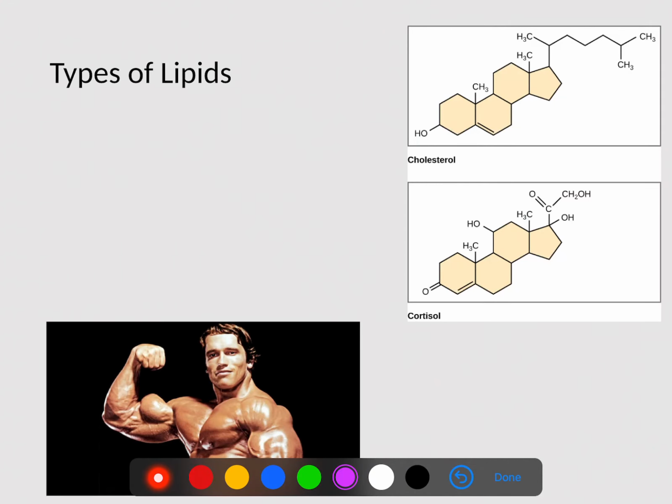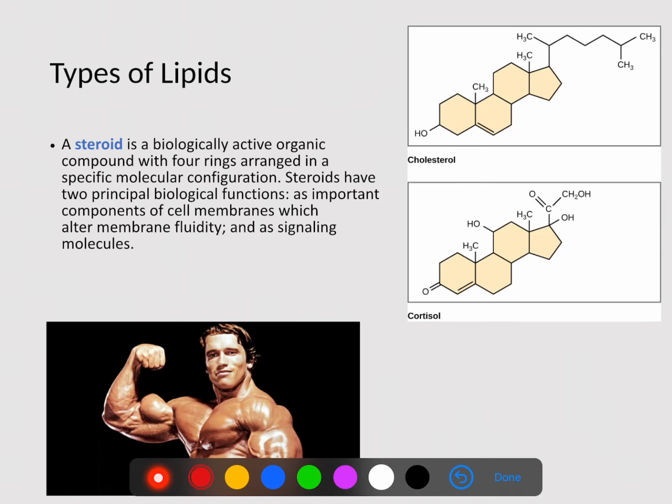Now, another type of fat we have are steroids, and steroids are distinguished by the 4 concentric rings. So 1, 2, 3, 4. Here's another one. 1, 2, 3, 4 rings bonded together. Now, a steroid is a biologically active organic compound with 4 rings arranged in a specific molecular configuration.